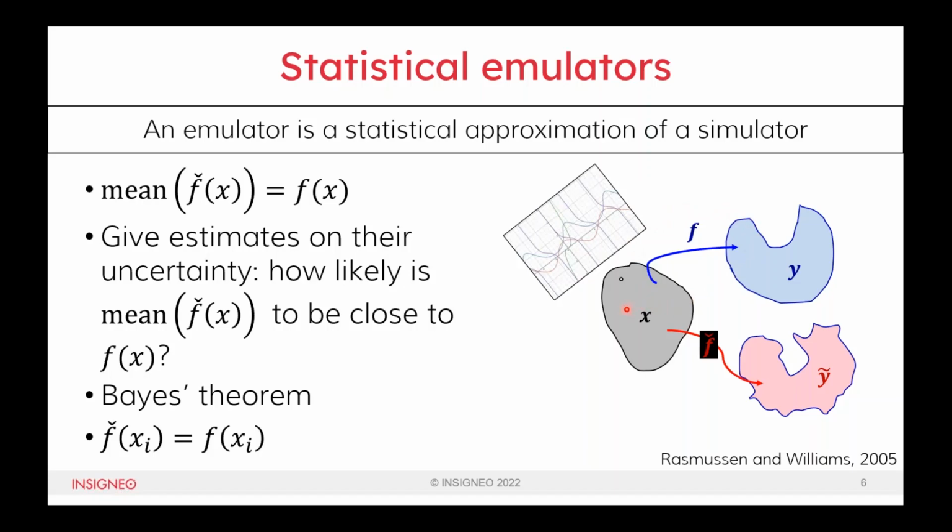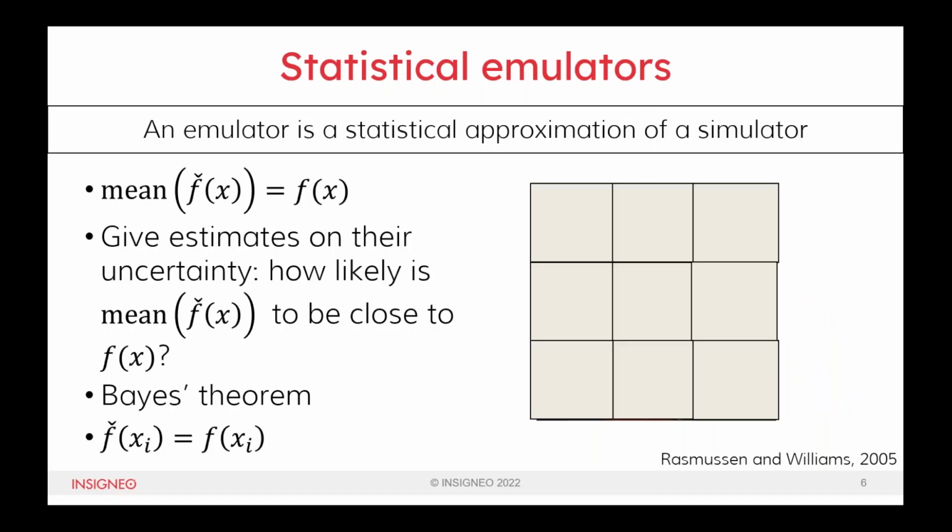A very important thing about statistical emulators is that they work leveraging Bayes' theorem. Bayes' theorem is a very important theorem in statistics which answers the question: what is the probability of observing a certain event given the fact that I have previously observed other events? So consider, for example, this square here, and behind the square there is an image that is hidden.